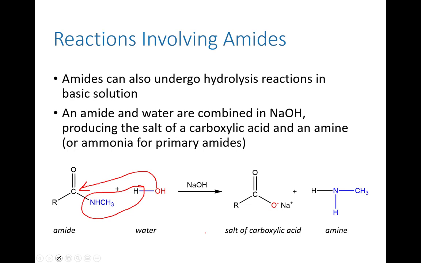And that's because, even though this forms a carboxylic acid, this is a base, and so it would immediately take away any hydrogen that was on the carboxylic acid. Again, we saw that reaction in the previous video lecture, the reaction between a carboxylic acid and a hydroxide, a base.